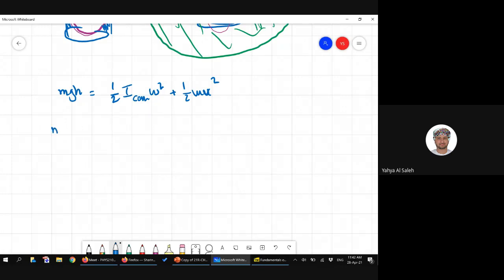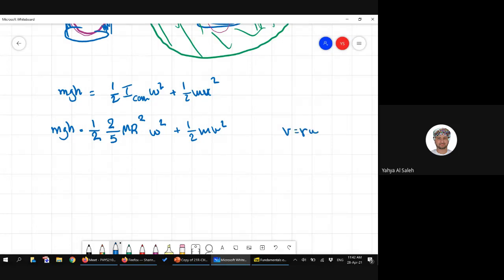I'll keep mgh. Since this is a ball, its rotational inertia I com would be 2 over 5 mr squared. So we have half I com omega squared plus half mv squared.